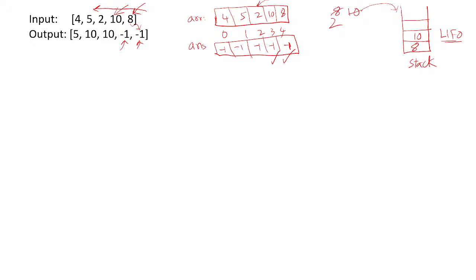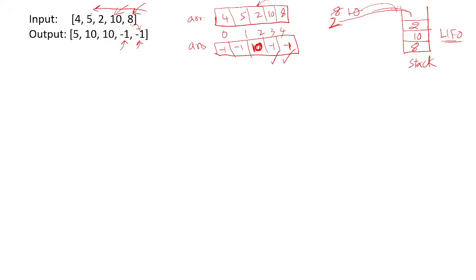This 10 is greater than the current element 2. Yes. So obviously this is the next greater element. So we'll store 10 at this place. Then we will push 2 into the stack.